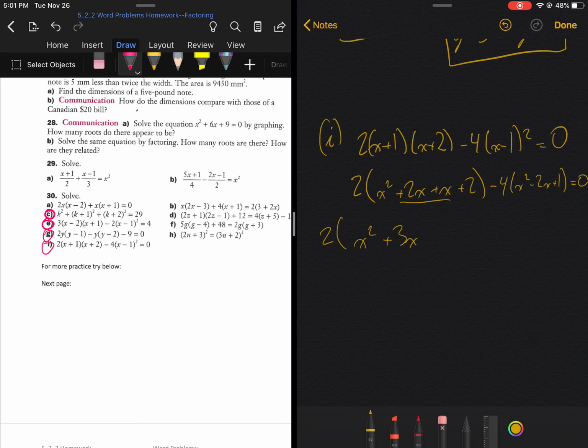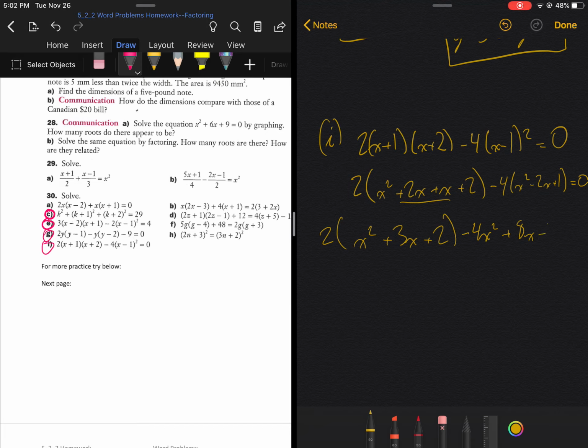Let's just simplify this term. x squared plus 3x plus 2. Let's expand this minus 4. Remember, the minus 4 gets distributed, not just the 4, the minus 4.